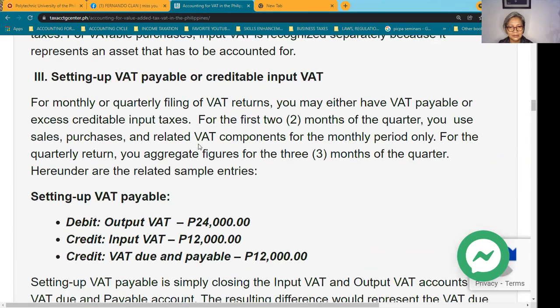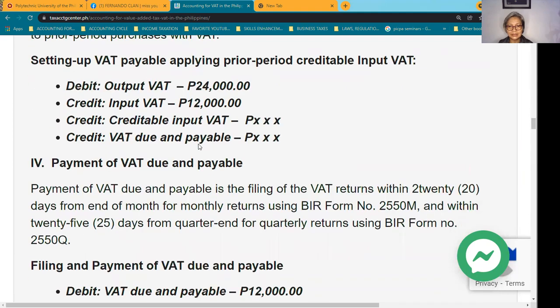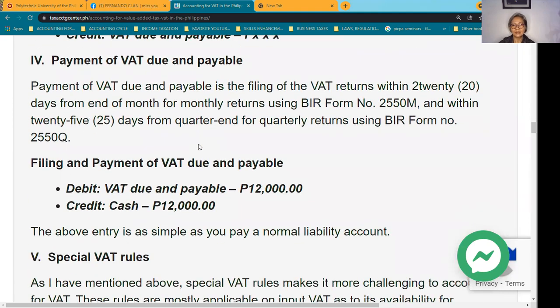Okay? So, this will be all for VAT. Madali lang, di ba? Let's recap. Nagbenta ka, debit cash or accounts receivable, credit sales, credit output. Bumili ka, debit purchases or asset or expenses, debit input tax and credit cash or accounts payable.